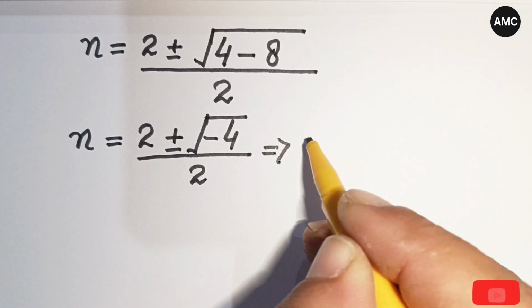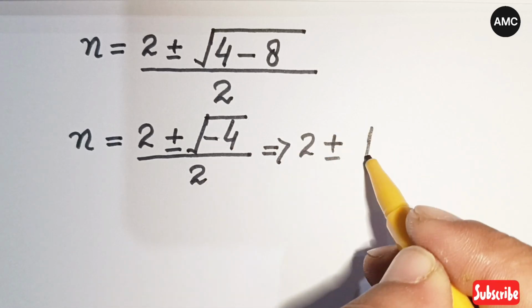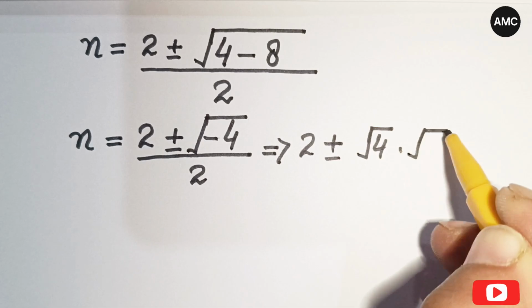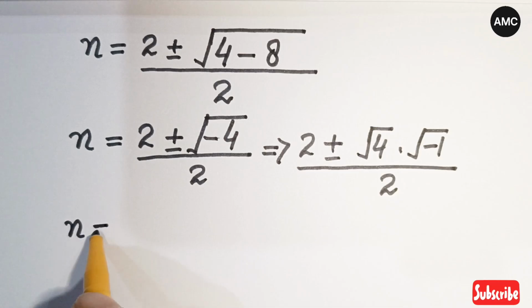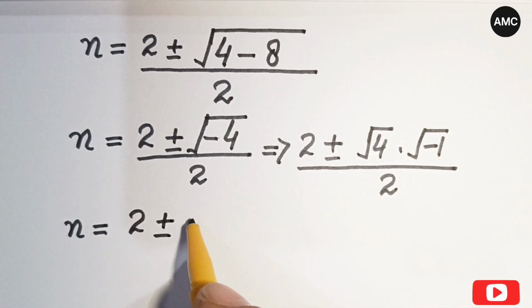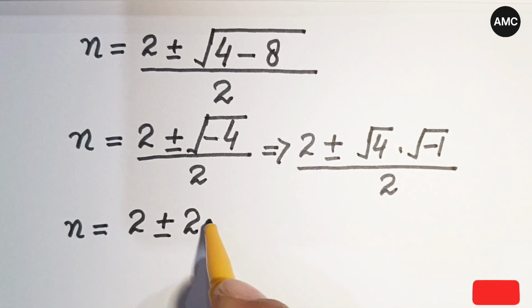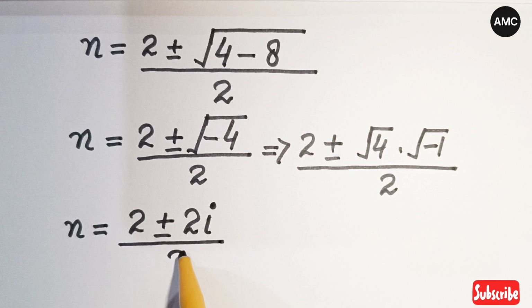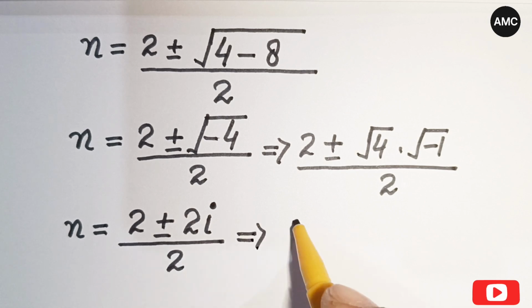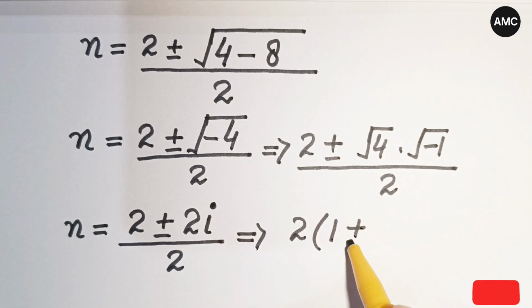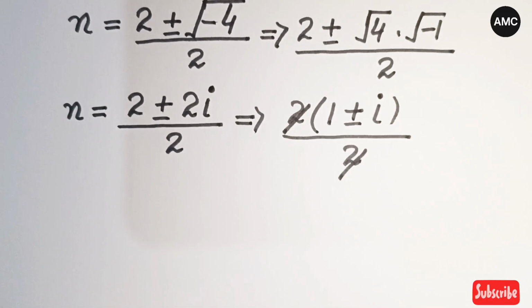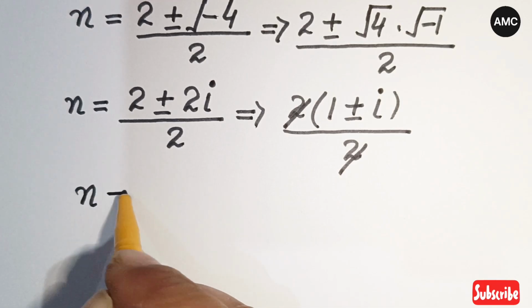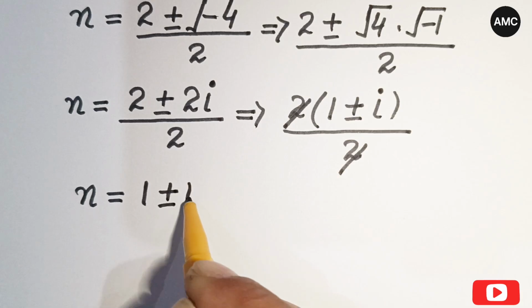Now our next step is 2 plus minus, it can be written as square root of 4 times square root of minus 1, all over 2. So n is equal to 2 plus minus, square root of 4 is 2 and square root of minus 1 is i, all over 2. Now if we take 2 common, inside the bracket we get 1 plus minus i all over 2. Here this 2 is cancelled out with this 2. So we get the value of n, which is equal to 1 plus minus i.